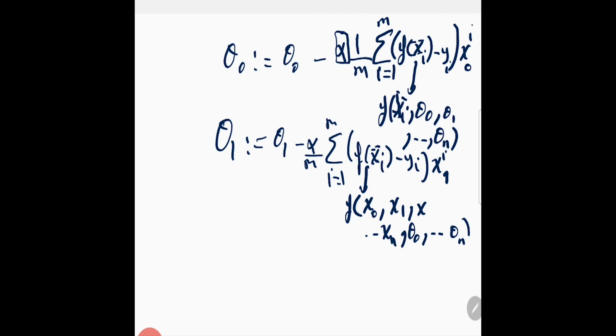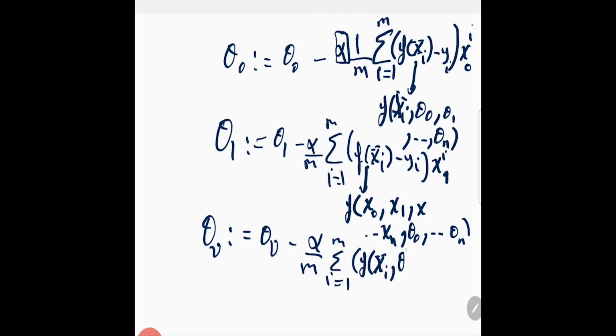And the same thing goes with theta 2, or we can be more general and just say theta, let's pick a variable that we haven't used before, for example, theta v maybe, is equal to theta v minus alpha over m multiplied by the summation of I equals 1 up to m f of x vector I and also theta, which is the vector theta, minus yi, multiplied by xi, a particular example, and at the same time, it should have the same subscript, v, as theta v.